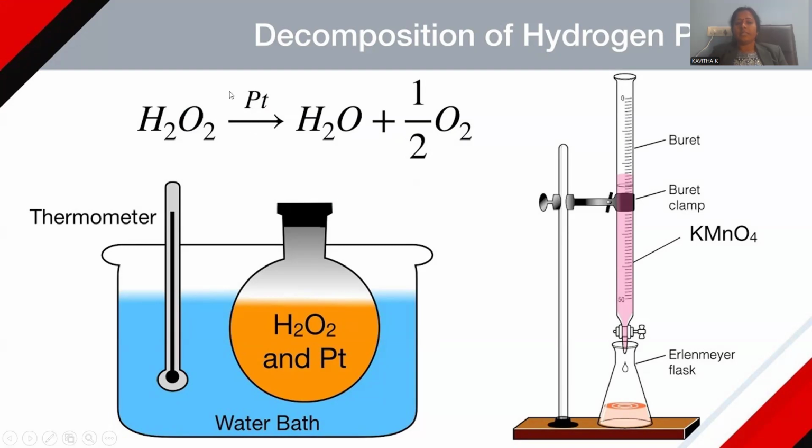Whenever platinum is added to this hydrogen peroxide and the temperature of that container is raised by heating, it gives water as the product, and in addition there is a release of oxygen. So half a mole of oxygen will be generated. That is one oxygen only left over there, right? So that half mole of oxygen will be liberated from that boiled hydrogen peroxide.